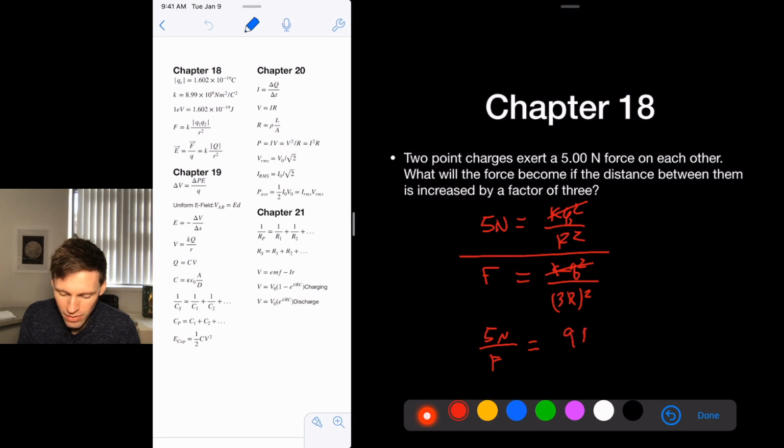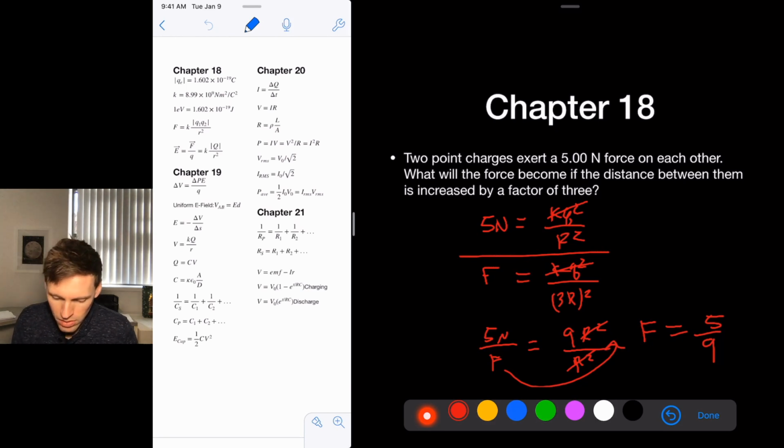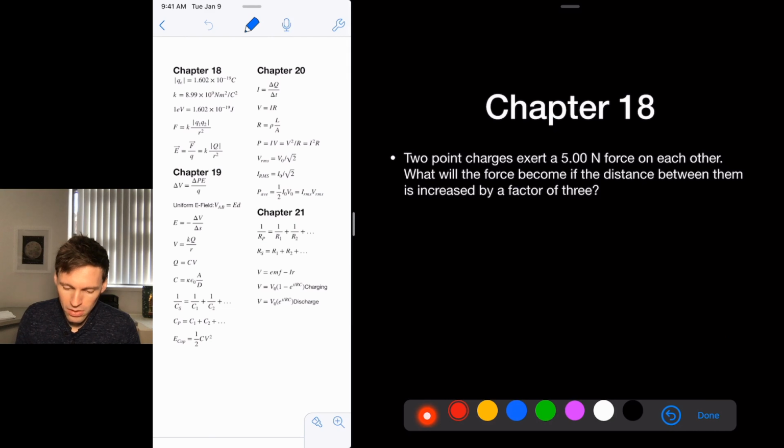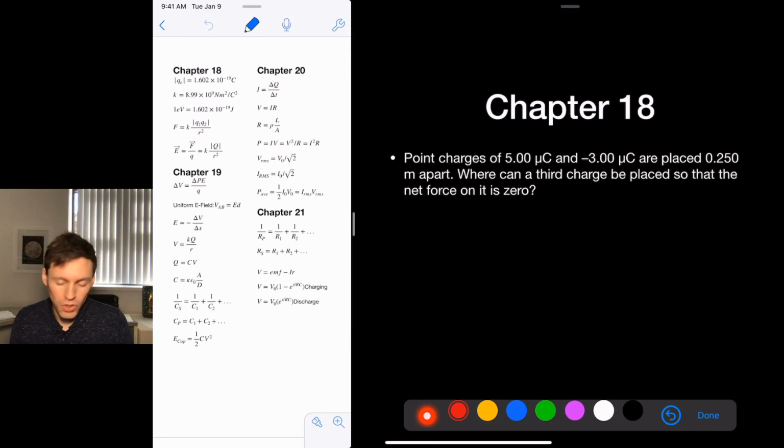We're going to have 9R squared over R squared, cancel that out. So F is equal to 5/9 of what it originally was, just 9 times smaller. If the distance is increased by a factor of 3, we're going to decrease the force by that 3 squared, so that becomes 9. That's the 1 over R squared nature of Coulomb's law.